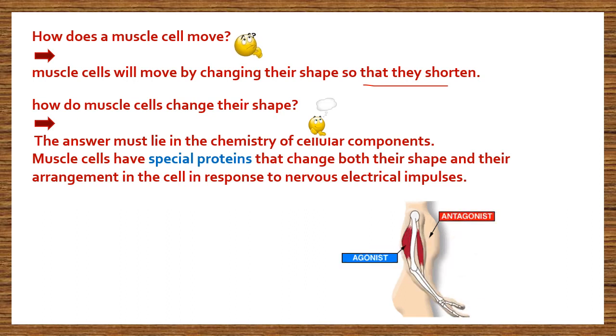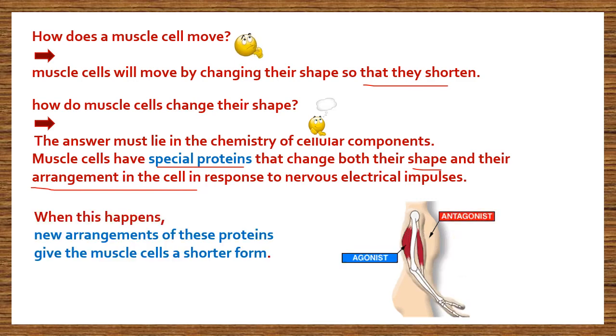So muscle cells have special proteins that change both their shape and their arrangement in the cells. And the response is that they move. When this happens, the new arrangement of these proteins gives the muscle cell a shorter form, and the result is that muscles move.